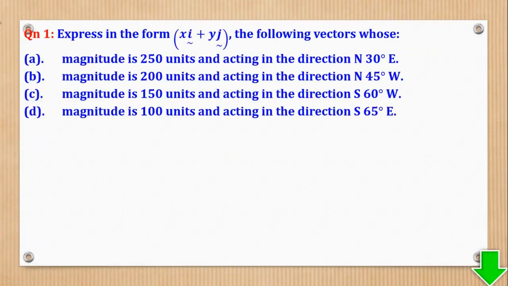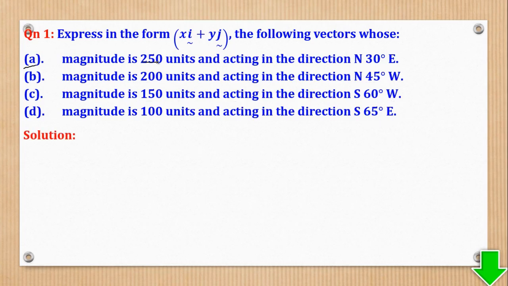So the second example says, express in the form (x, y) the following vectors. Part A, a vector with magnitude this and acts in the direction that. Then part B, a vector with magnitude this and acts in the direction this. Part C, a vector with magnitude this and acts in the direction this. And part D.